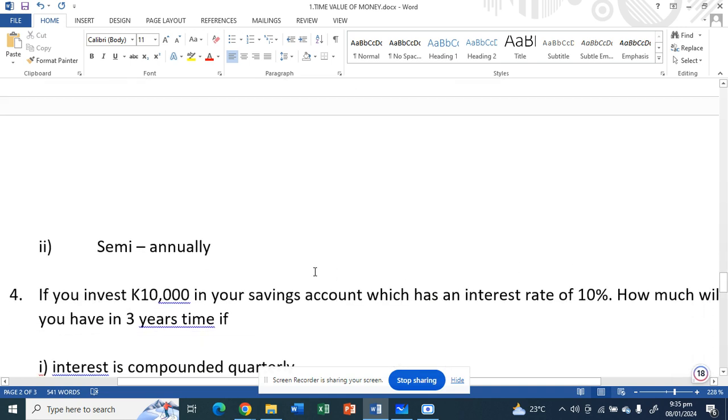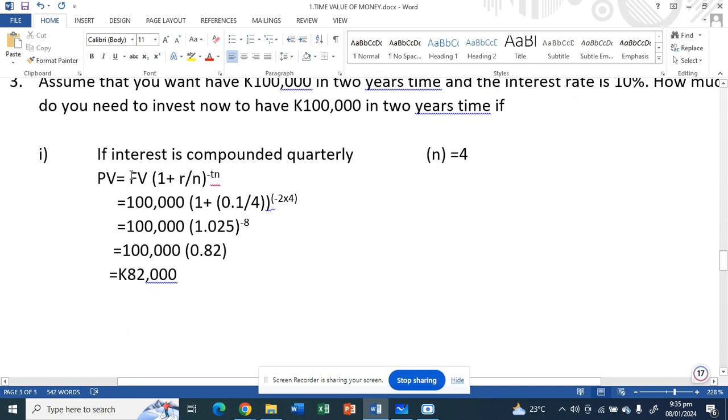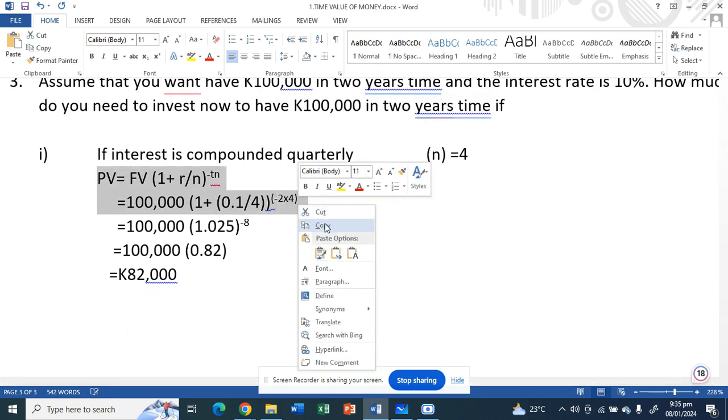If the interest is compounded semi-annually. So if it's semi-annually, number of compoundings is twice. So n equals 2. So we just get our formula here.